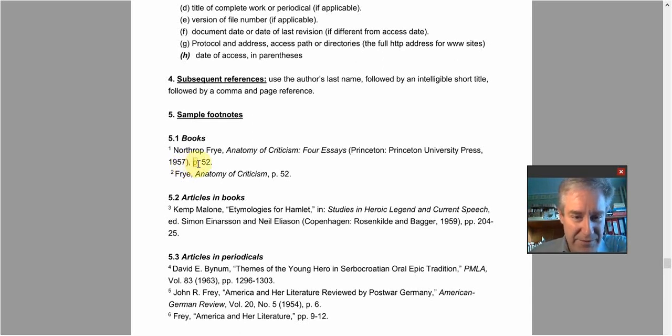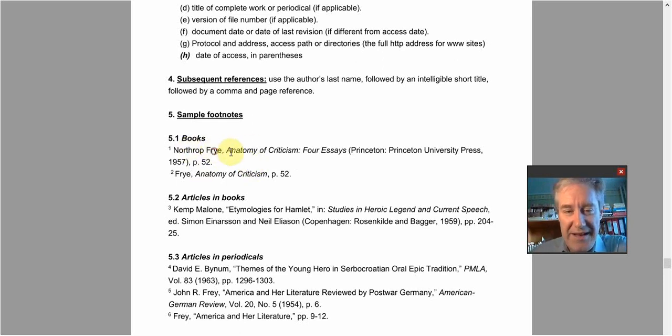And then P for page, and then a dot, and then 52, the page number for the quotation that this footnote is for, and then a period at the end of the footnote. So if you're making a footnote for a book, it should look just like this. It's going to be a different book and a different author, different city, different publishing company, different year, different page number, but the way it looks on the page should be exactly the same.